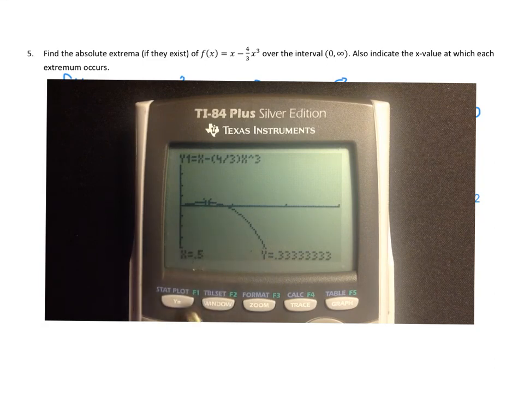Now, notice how we had no absolute minimum value, and that's because our function keeps going and going to negative infinity as our x values get larger and larger. So as our x values get larger and larger, this function just continues to decrease and go to negative infinity. Therefore, we have no absolute minimum.